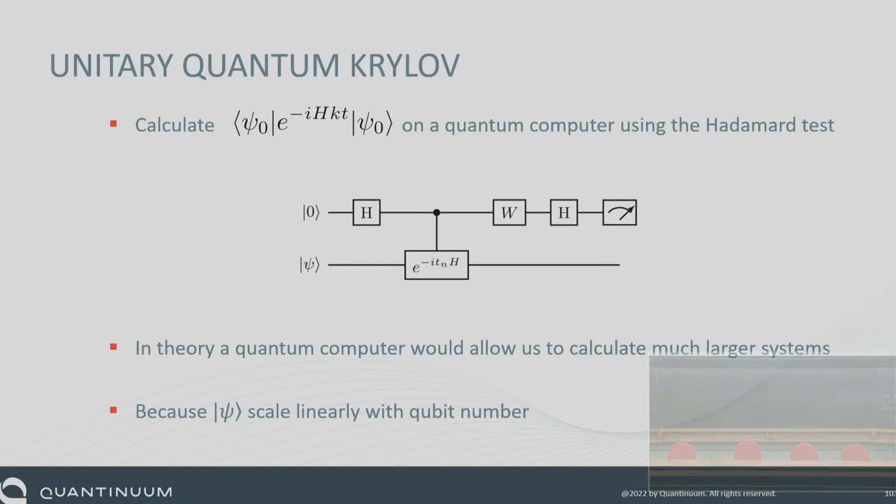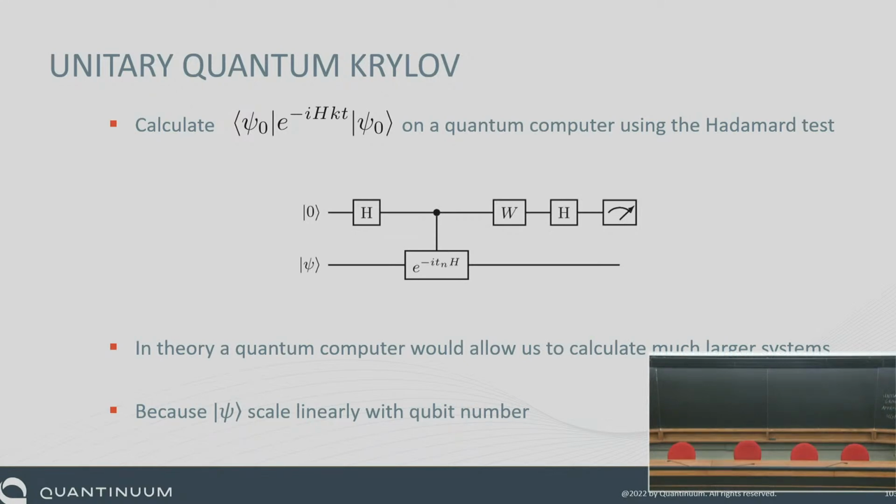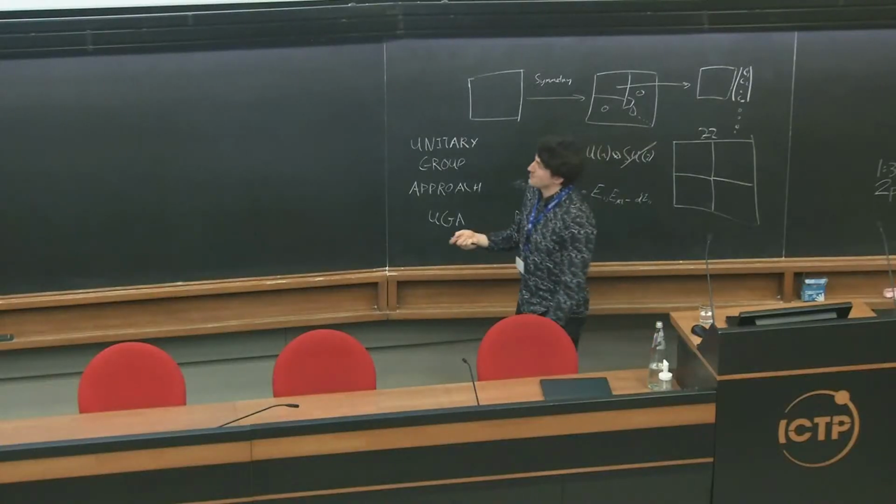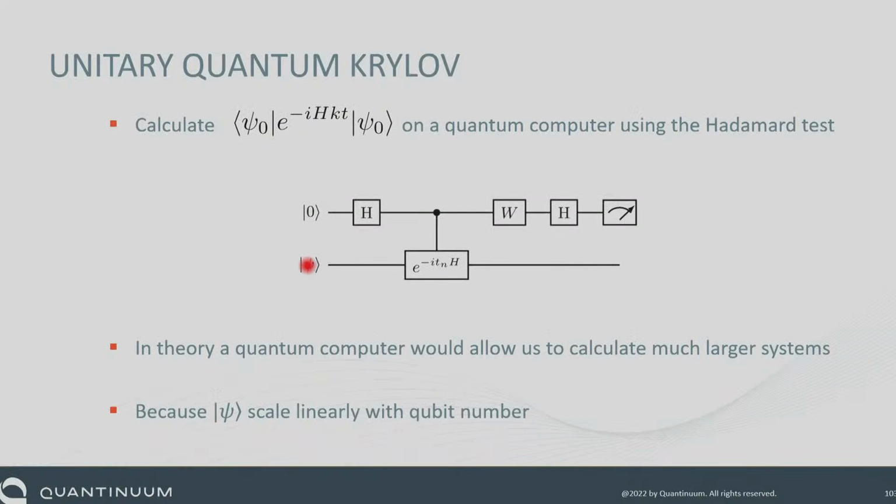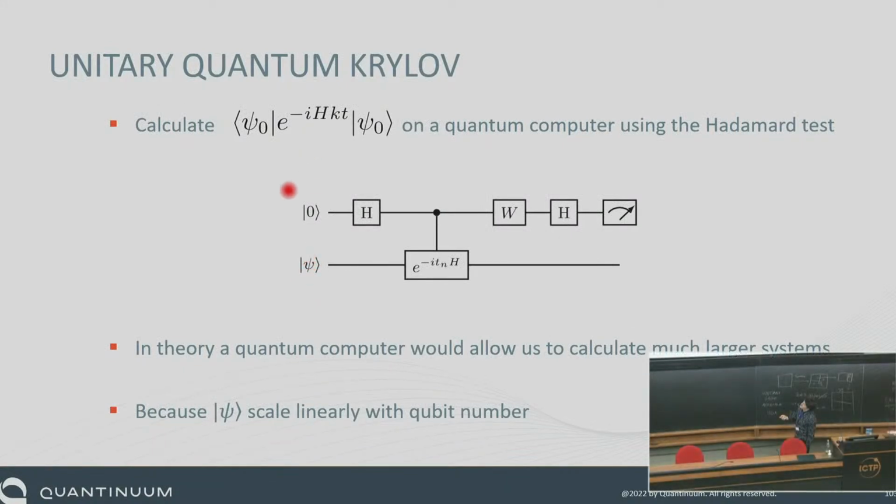Also in the same slide, it says the wave function scales linearly with qubit number. I was wondering if this means an advantage with respect to classical numerical methods. This is probably badly worded, but what I'm trying to say is that you can represent an exponential number of states by a linear number of qubits, because you have 2 to the n possible 1 and 0 combinations.